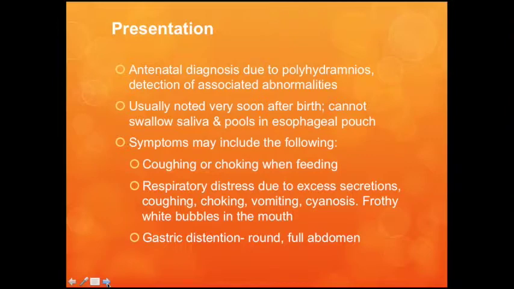If they haven't done that, then the child may present with coughing or choking when feeding, respiratory distress due to excessive secretions. They can have vomiting, cyanosis, and often a lot of saliva in their mouth. And they can get a very distended, round, full abdomen.